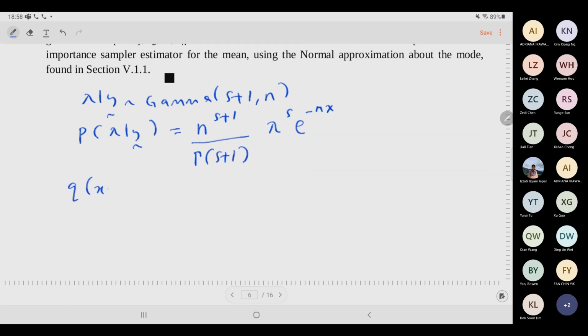Should I use X or Y? I mean, it's actually using Y. So QY is normal, with your mean and your variance of the normal.